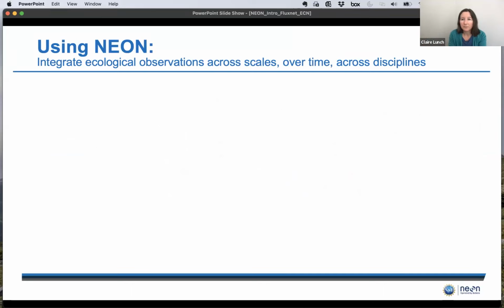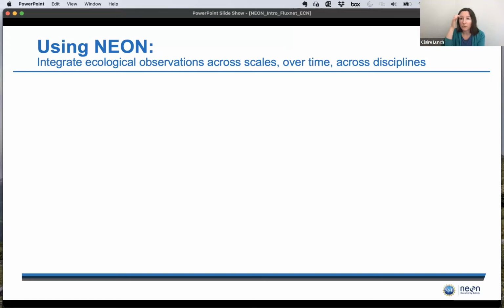I think the possibilities with NEON are really broad because you have data collection across such a large climate space, standardized data over time, and also a really wide variety of data types within a site.